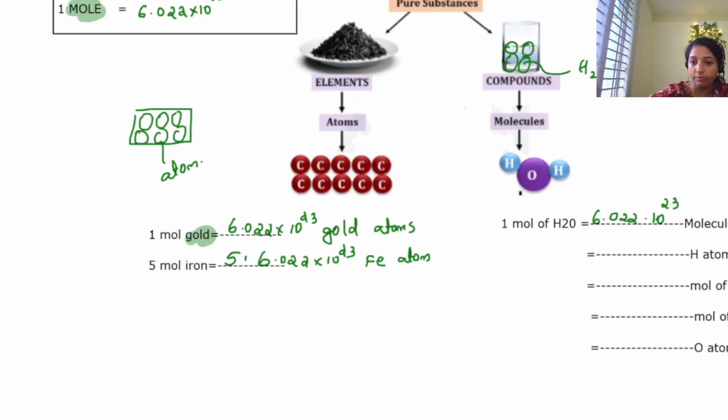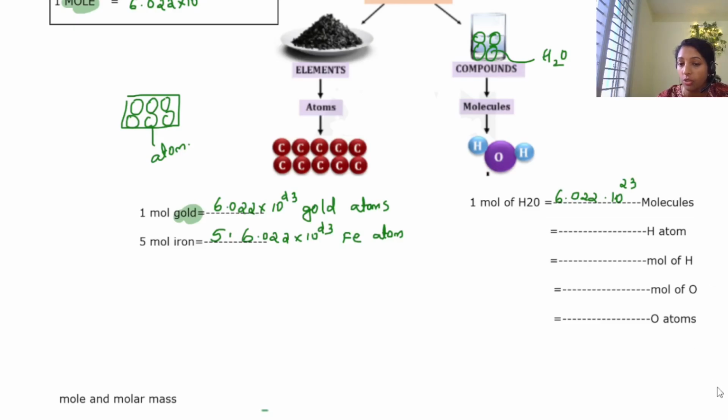Now you tell me, how many hydrogen atoms are there in 1 mole of H2O? Is it the same? 1 mole, as I always say, is 6.022 times 10 to the power of 23. So can I write 6.022 times 10 to the power of 23 here also? Here is the problem: the building block is the unit.